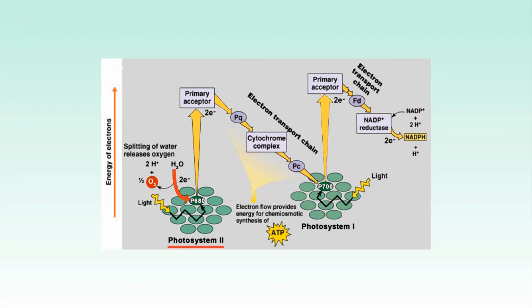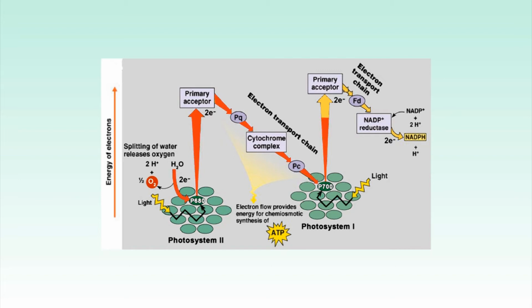PS2 splits water and converts it to oxygen, whereas only PS1 transfers electrons to the final electron acceptor, which is NADP+, and reduces it to NADPH. The cytochrome b6f complex helps in the transport of excited electrons from PS2 to PS1 while pumping protons across the thylakoid membrane into the thylakoid space.